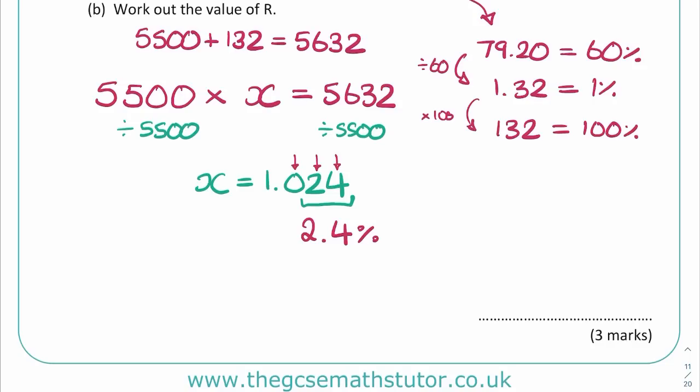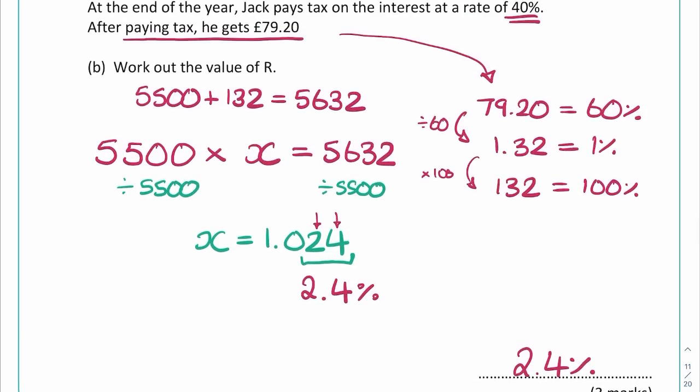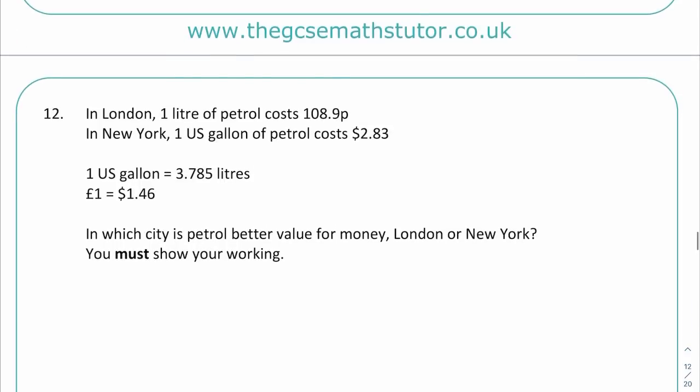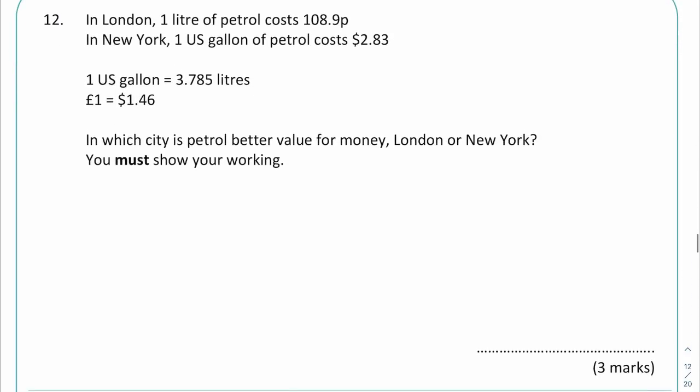So we only have those two, so it's 2 in that column, 0.4 in the final column. So 2.4% was the interest rate that he got. That gave him £132, and he was taxed 40% on that, which is why he only received £79.20. So there we go, 2.4%, and on to our next question.